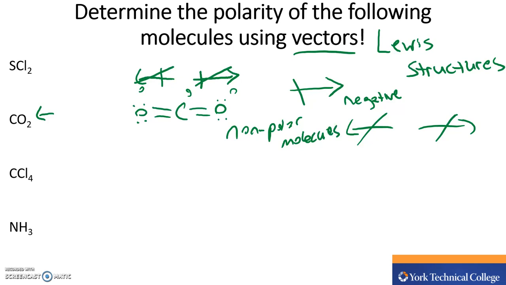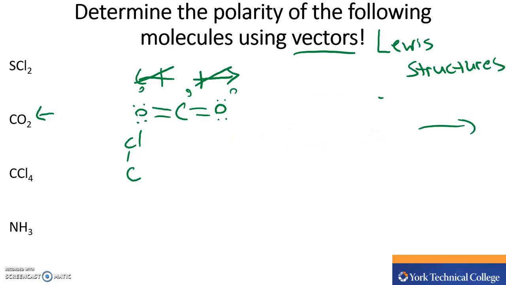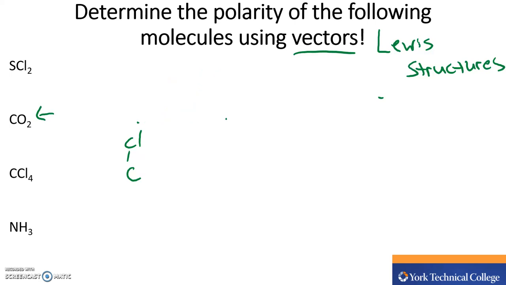Let's look at carbon tetrachloride. Again, I'm going to quickly draw the Lewis structure, because I think it's important for you to be able to do this efficiently. CCl4.